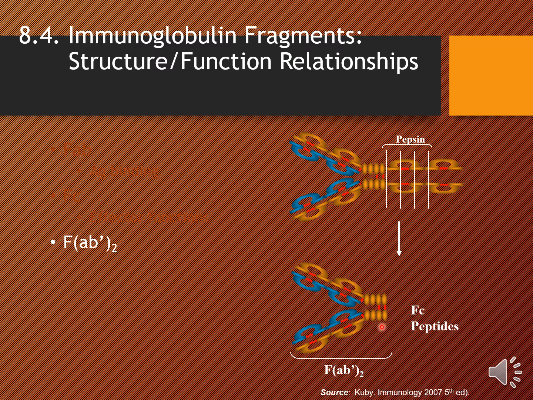So it will result in a completely intact hinge region, which attaches the FAB. We call this the FAB prime sub 2, and the remaining other fraction would be in the form of free peptides.